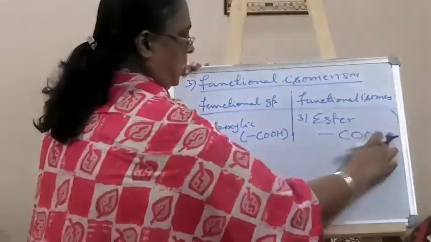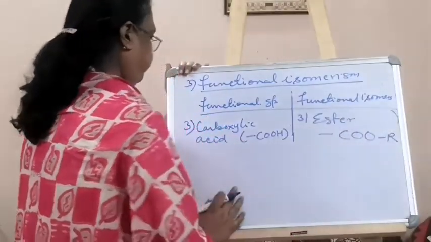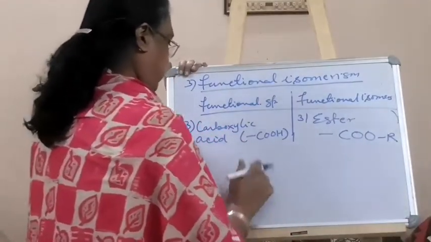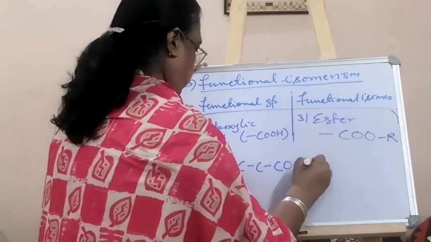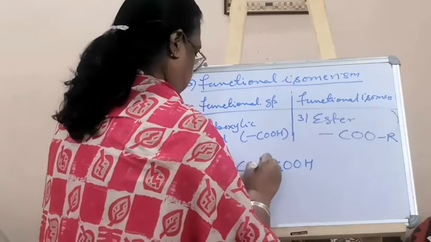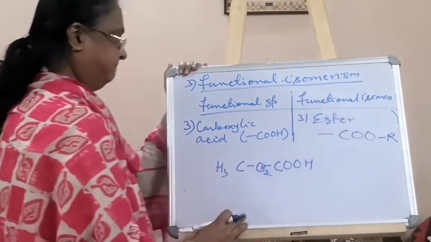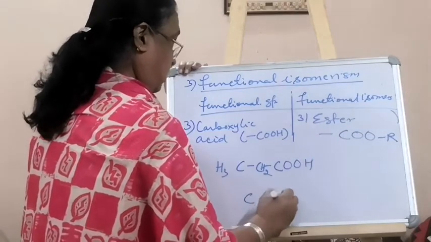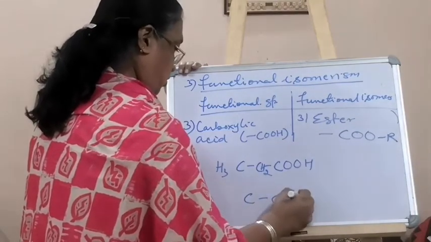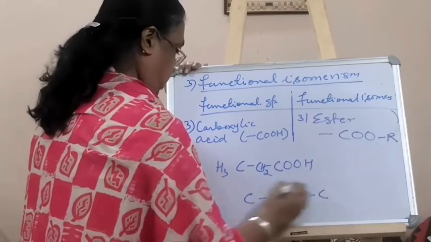If I take 1, 2, COOH, this is propanoic acid, and to make its functional isomer I will write COO and 1 carbon here.